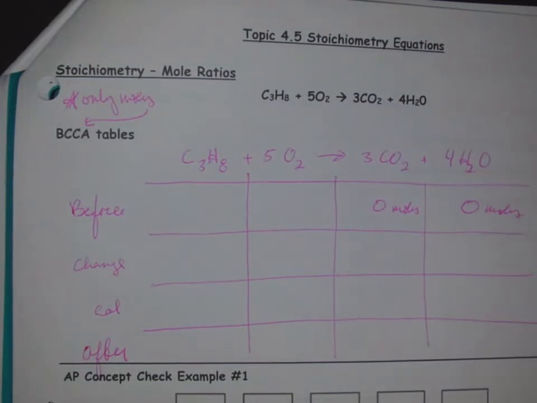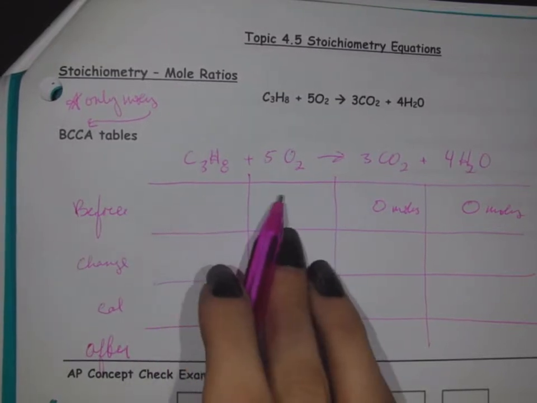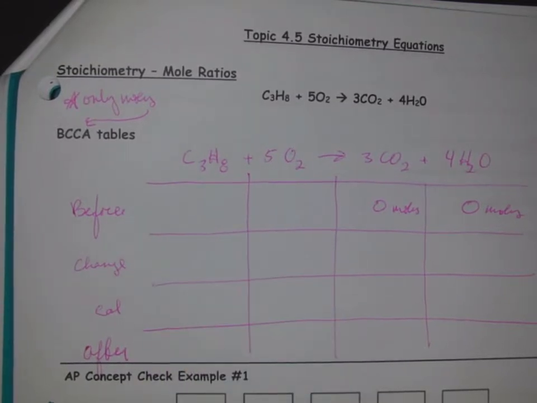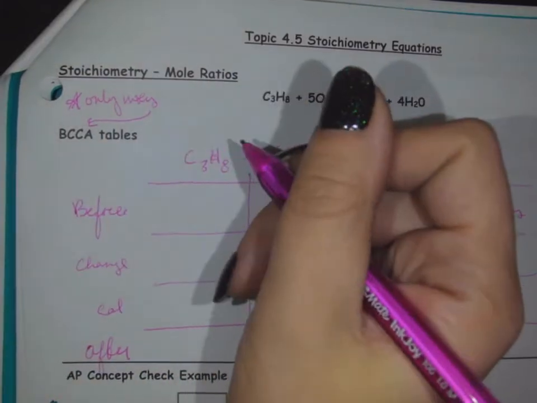Now, for the change, I haven't said what we're starting with. There's no problem here saying we start with this many moles of C3H8 or this many moles of O2. I'm going to add that in a little bit. But the change is based on the coefficients.